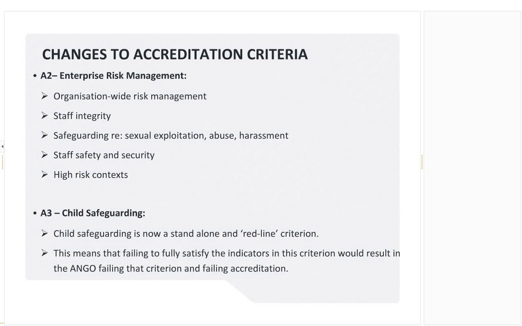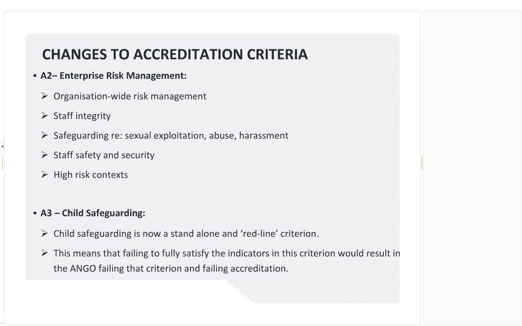A3 is the new criteria on child safeguarding, and as Rebecca already mentioned, this is the only criterion in the whole framework that is considered a red line criterion. The child protection aspects were filtered through various aspects of criterion B and C in the past. It's now housed in one location.